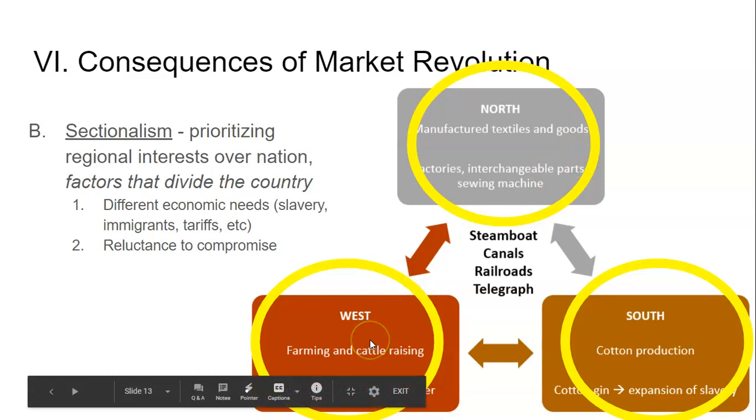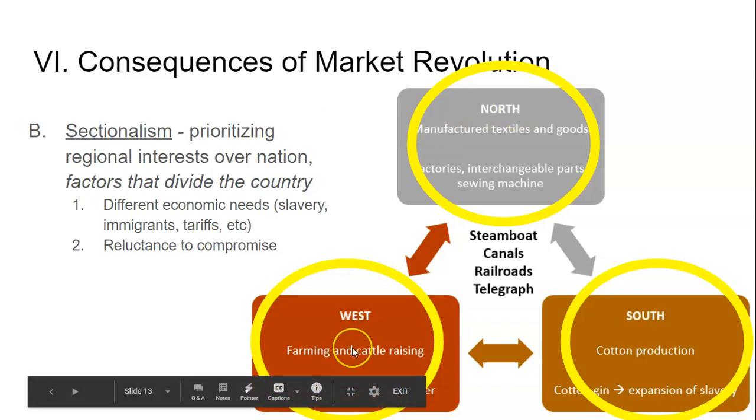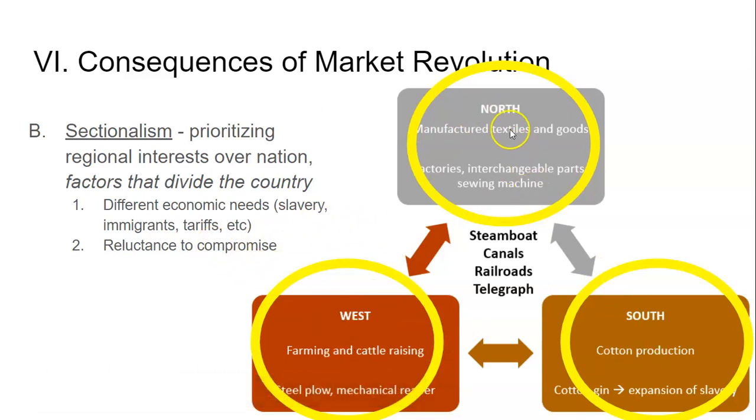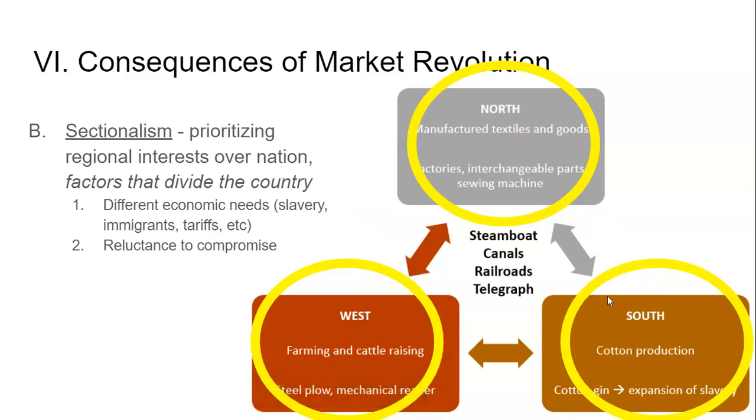The West is going to rely on westward expansion and people moving out west and taking advantage of the land out there. And so all these different economic needs are going to make it so that these regions, especially the North and the South, are not going to want to compromise with each other. One of the best examples of that is the debate on slavery. And we're going to see that eventually erupt into the Civil War later on.